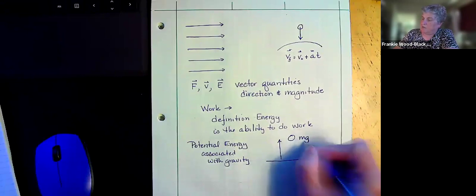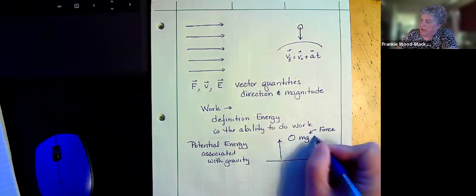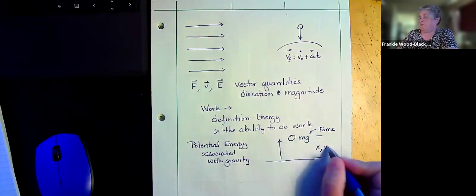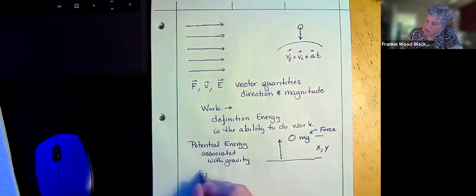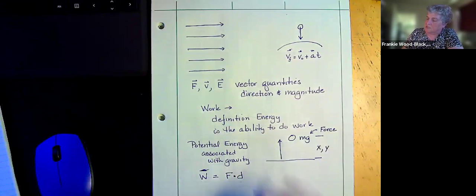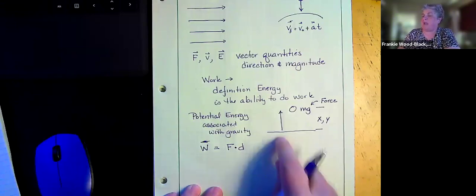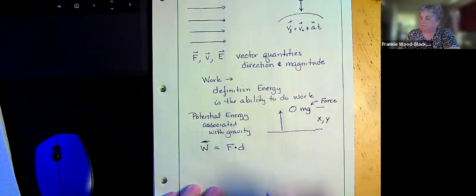My object has weight, which is my force. And then we had to deal with a height, X or Y, depending on which way we were dealing with that. And we had this idea that my value of work was going to be the dot product of force times distance. This gets us our dot product, but our biggest bang for our buck is when our cosine is equal to 1.